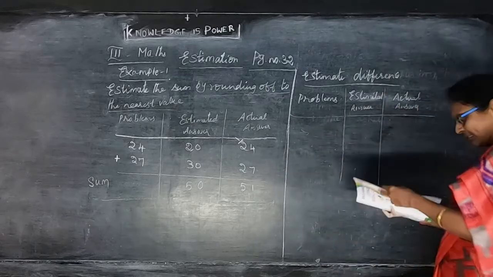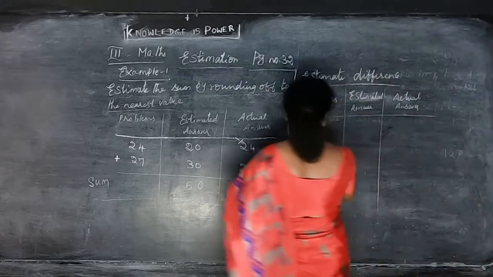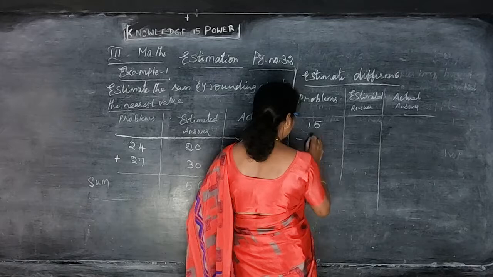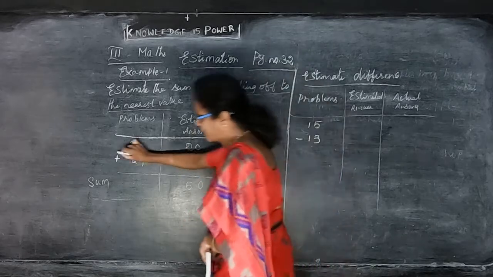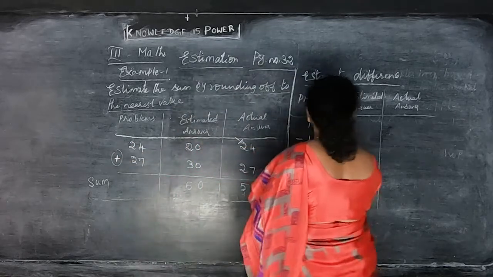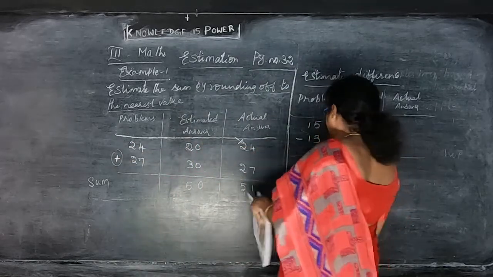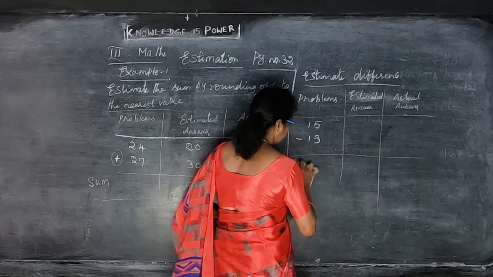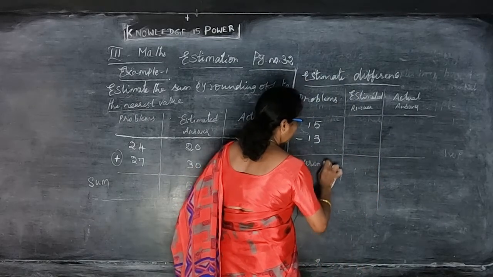So this is the subtraction. So this is 15 they are given and minus 13. So here plus now you have to add, and here is the 13. So you have to find out the difference. So inga vandu neenga difference minus kudutaka, you have to find out the difference.